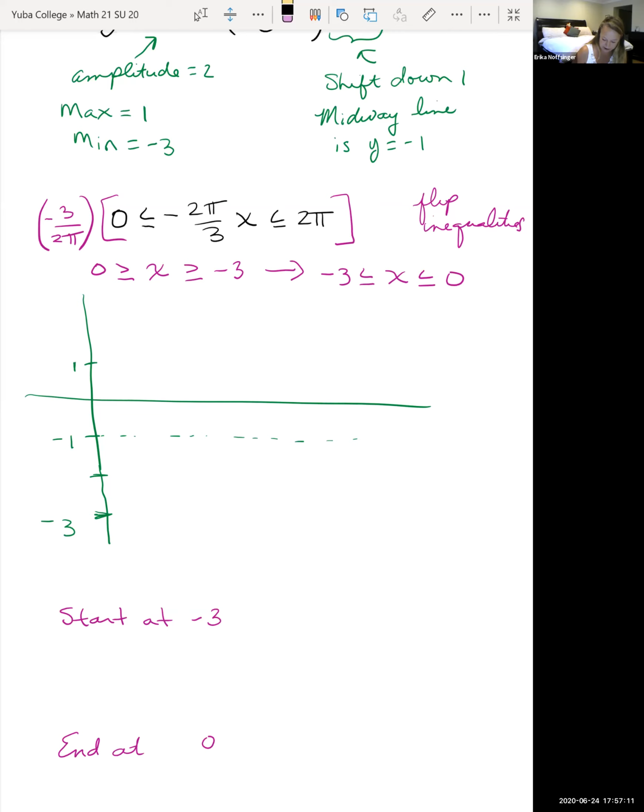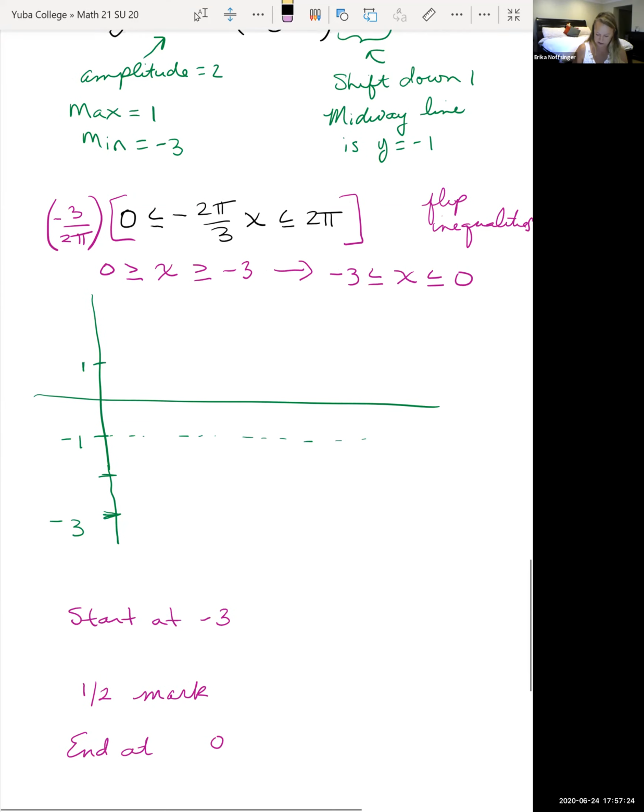The halfway mark, well, if you add those two together and divide by 2, -3 plus 0 is -3, so this would be -3 halves.